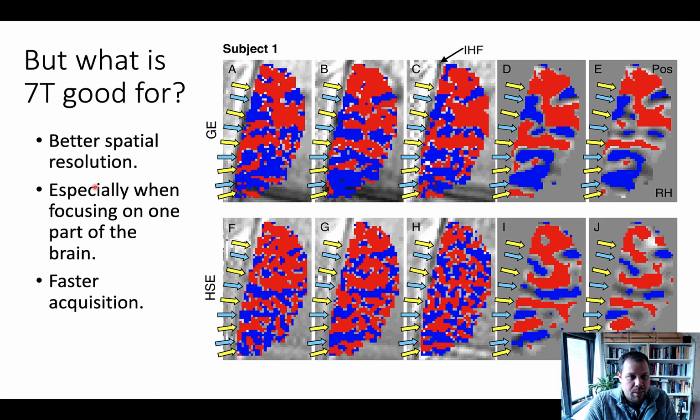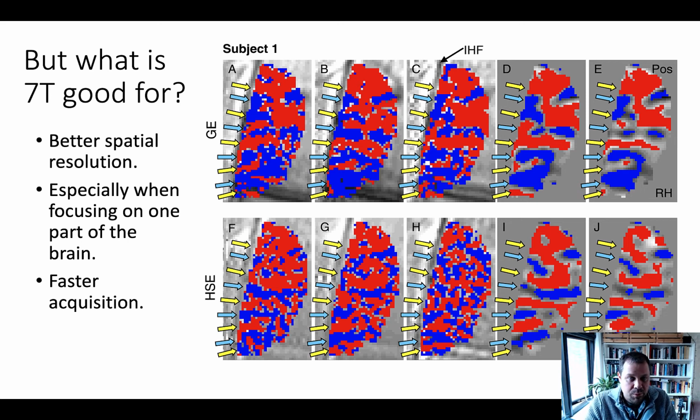So the advantages of 7T are clear from this experiment, because it allows you to identify even very small scale cortical organizations such as ocular dominance columns. And this is especially true as you increase the spatial resolution. You can see here it's about 1 millimeter, which is pretty high.